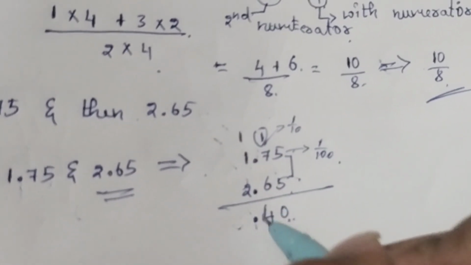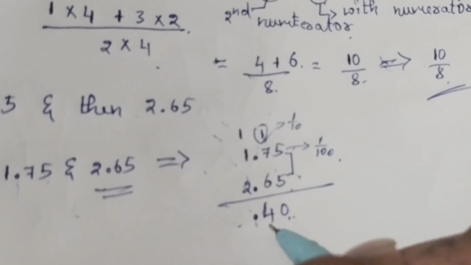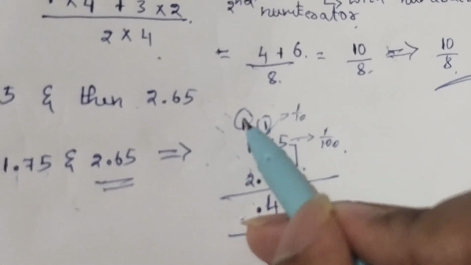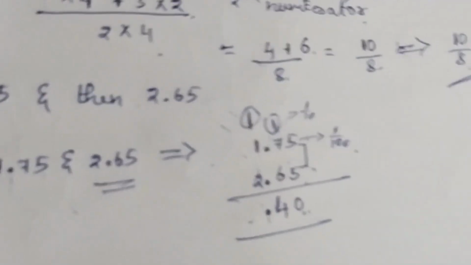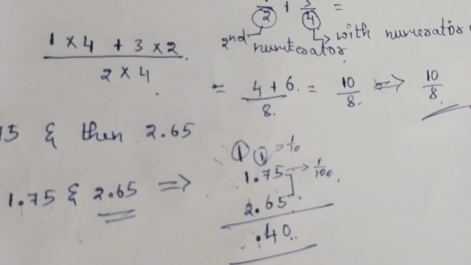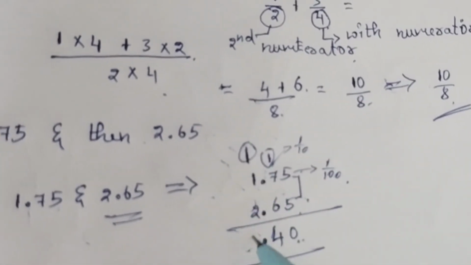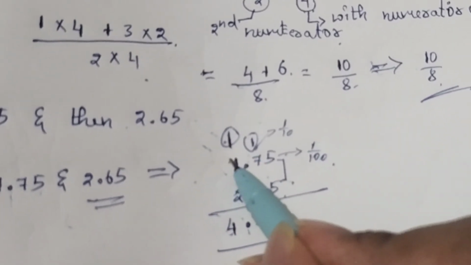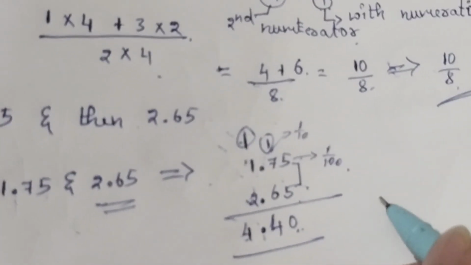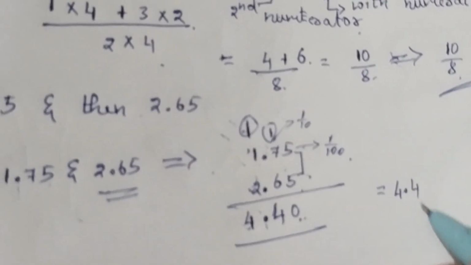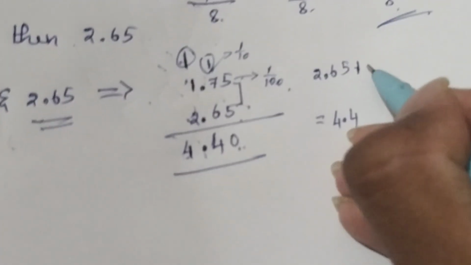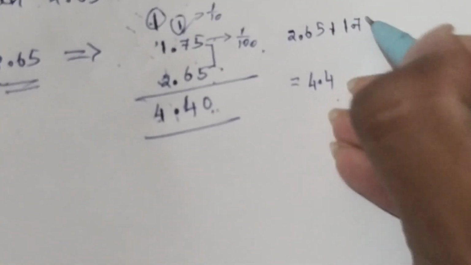So I took the ones place in this sum, and I carried this one over to further calculate the next term, which turns out to be 4.4: 1 plus 1 plus 2, which is 4. So the sum of the two numbers 2.65 plus 1.75 is 4.4.